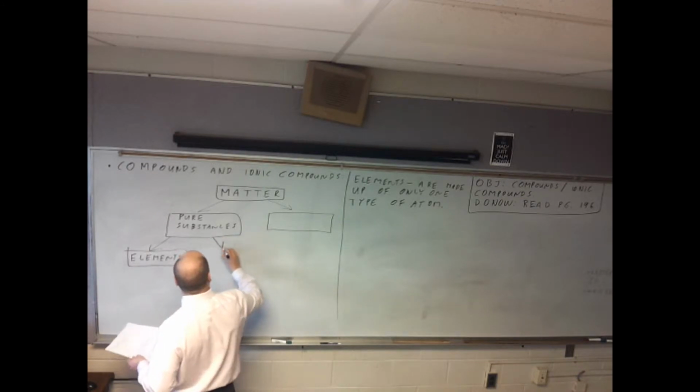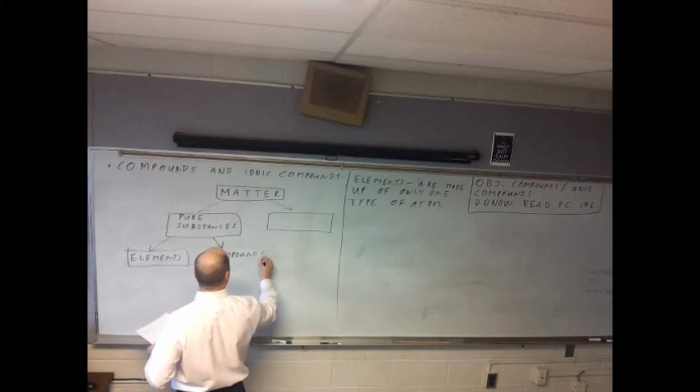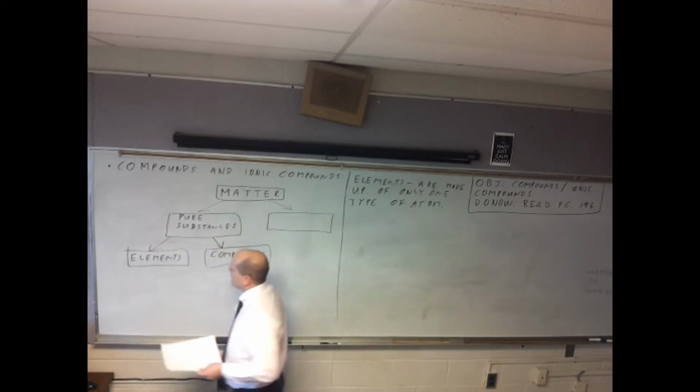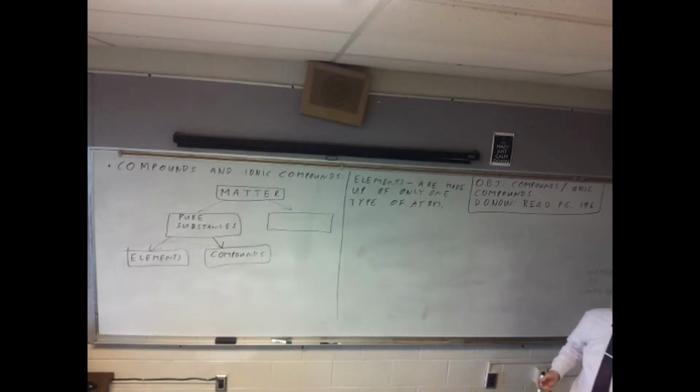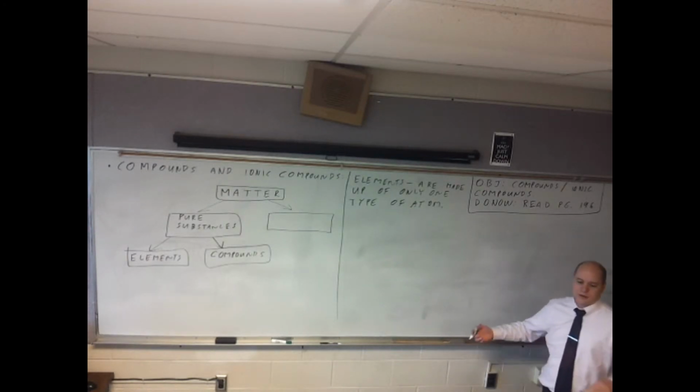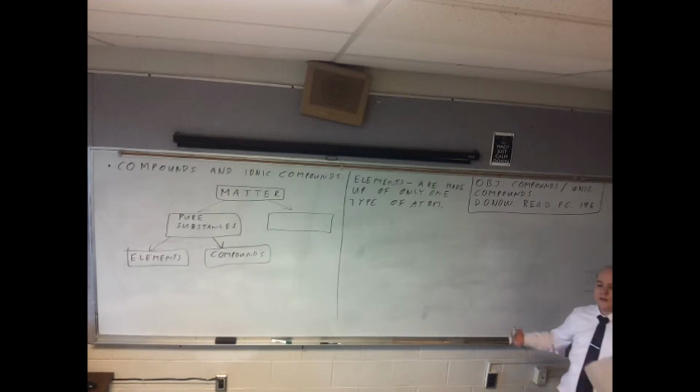On the other hand, we have compounds. And you've heard the word compound before. You know what a compound word is. You stick two words together, you get a compound word. Well, here you stick two elements together, you get a compound.